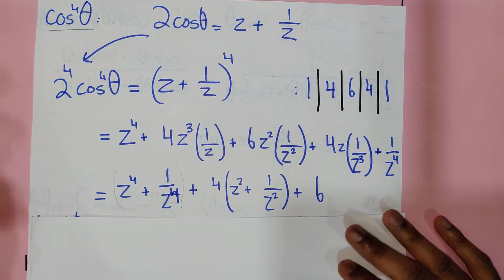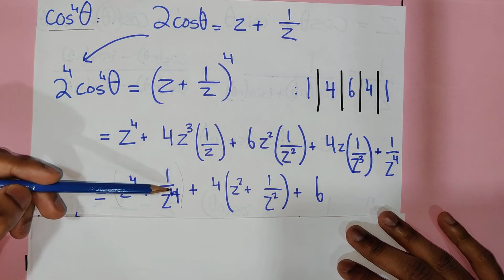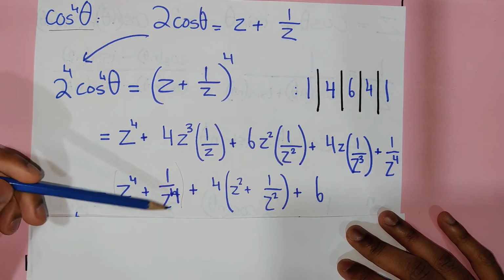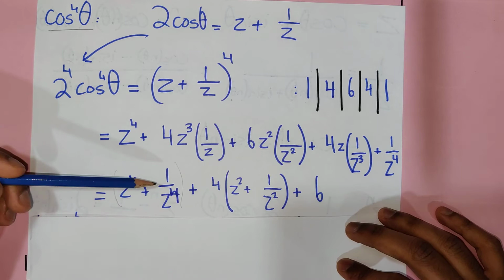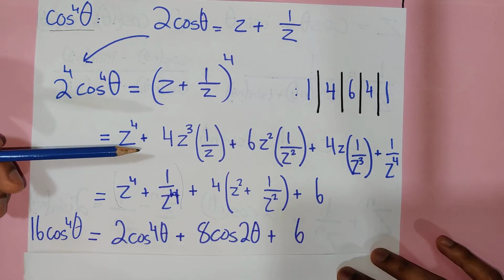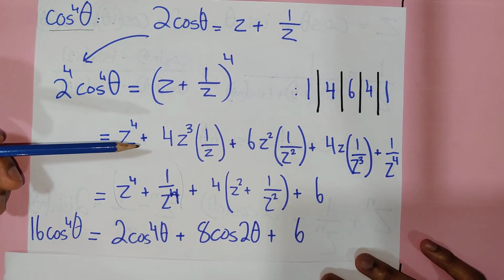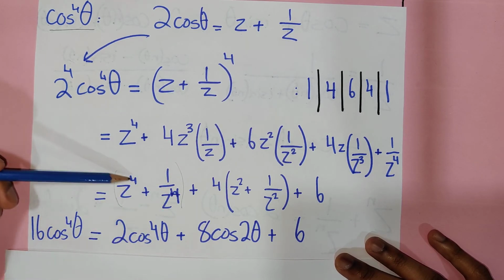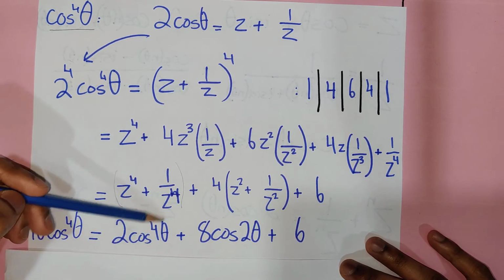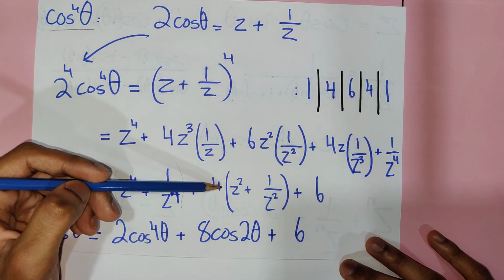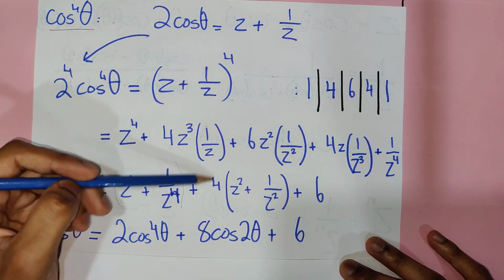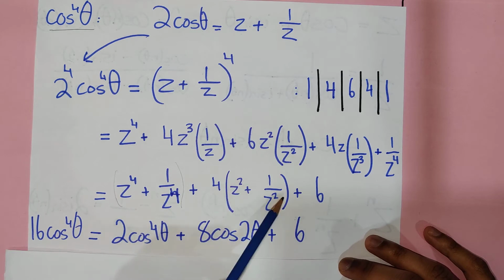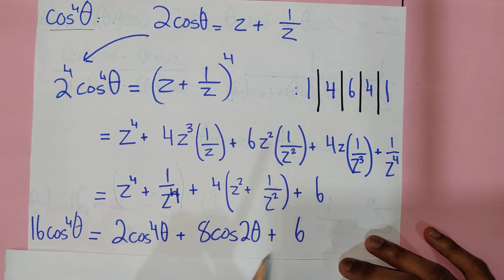Now, we know that z to the n plus 1 over z to the n is equal to 2 cosine of n theta. So we can do a reverse substitution and say that this term here is equal to 2 cosine of 4 theta. This term is equal to 2 by 4 by cosine of 2 theta, and well, this 6 just remains the same.